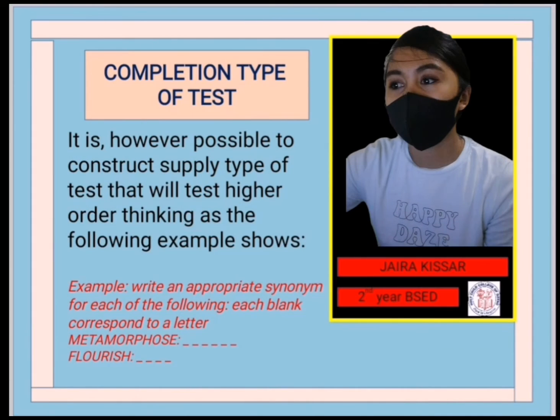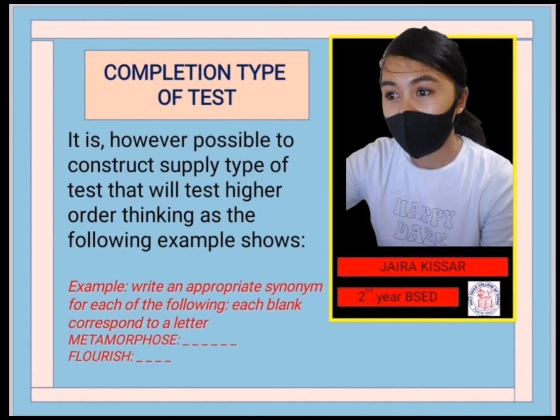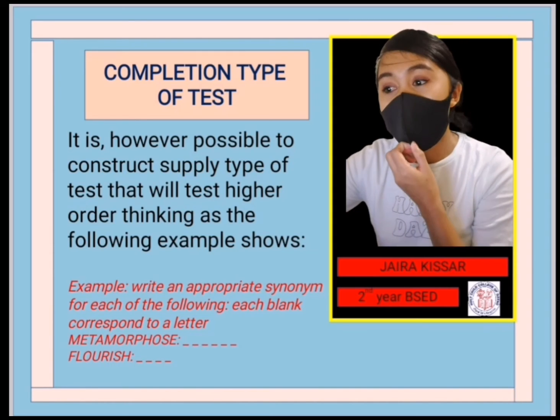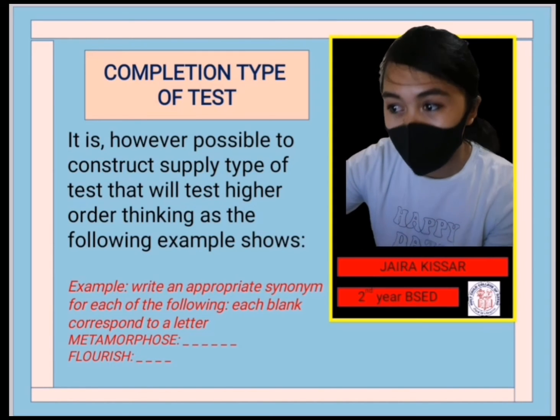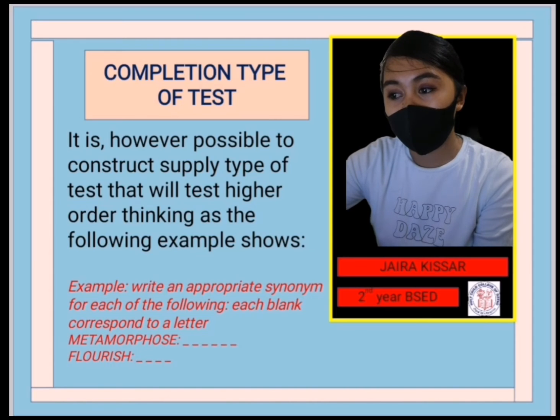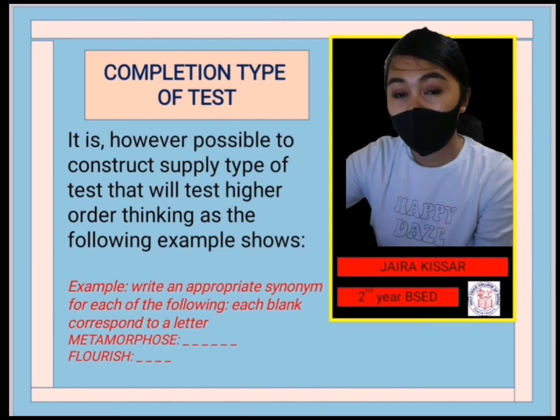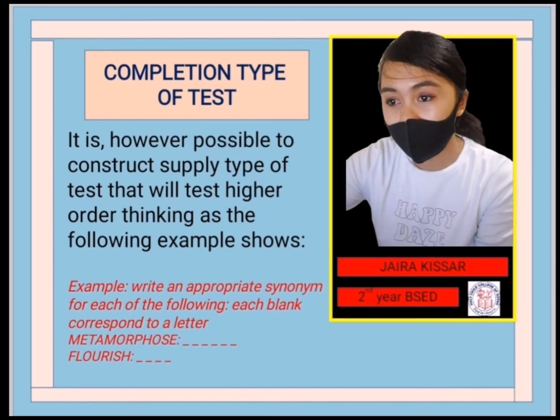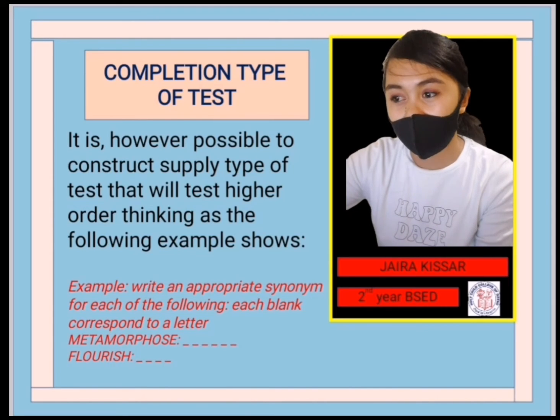So, completion type of test. It is, however, possible to construct supply type of test that will test higher order thinking, as the following shows. Write an appropriate synonym for each of the following. Each blank corresponds to a letter. Metamorphose: the synonym is change, with 6 letters.